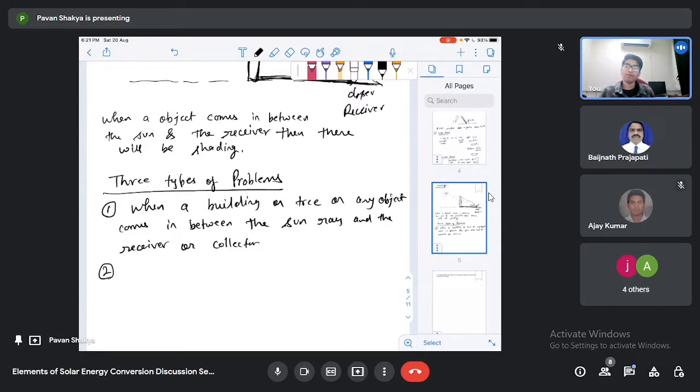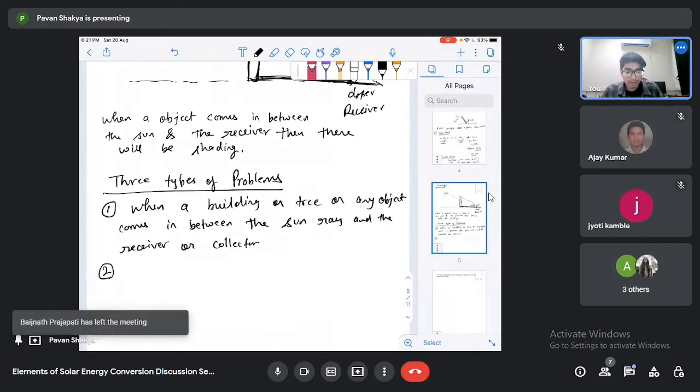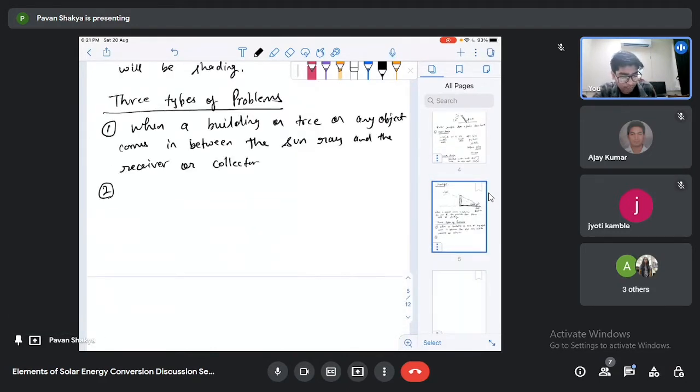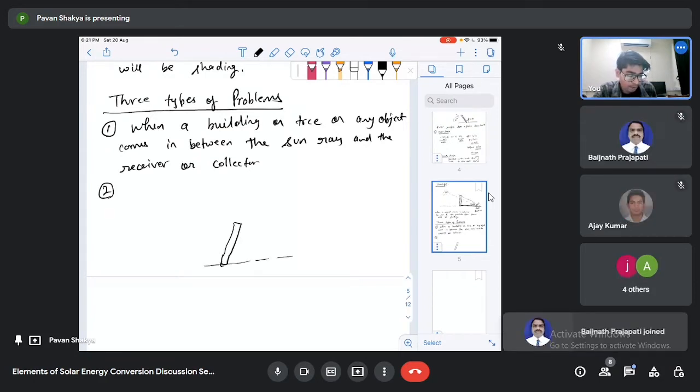The second type of problem you will more often find is that suppose there are a number of rows of panels or collectors.